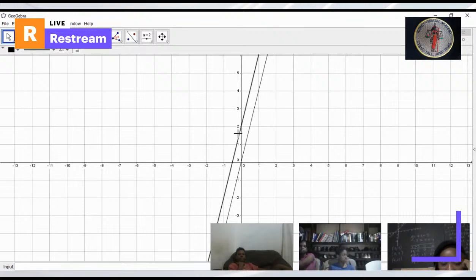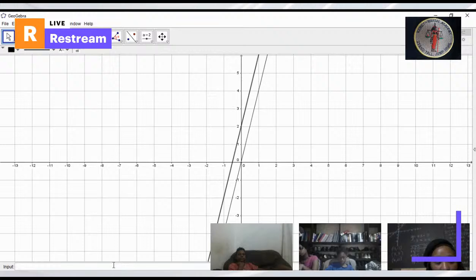What has happened to this line to get to that line? You notice they have the same gradients. They are parallel to each other. Parallel lines have the same gradient. And they both have a 4 in front of the x, so that tells you they have the same gradient. But we added 2 to the end of the equation, and by adding 2, the line just moved 2 places up the y-axis. It's the same gradient, so it's like we just take the line and shift it up 2 places.